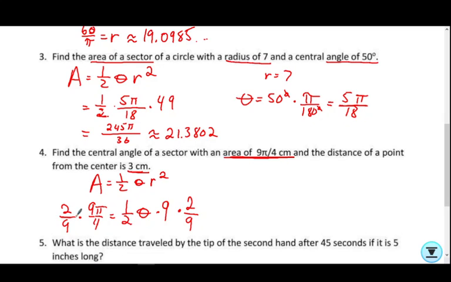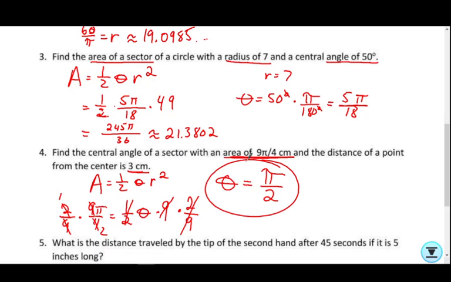If you want to do it the long way and divide both sides by 9 first and then multiply both sides by 2, knock yourself out. But this divides out with that, leaves me with theta. And over here, 9 divides out with 9, and this divides both by 2, which leaves me with pi over 2. And that's my answer, which is basically 90 degrees.